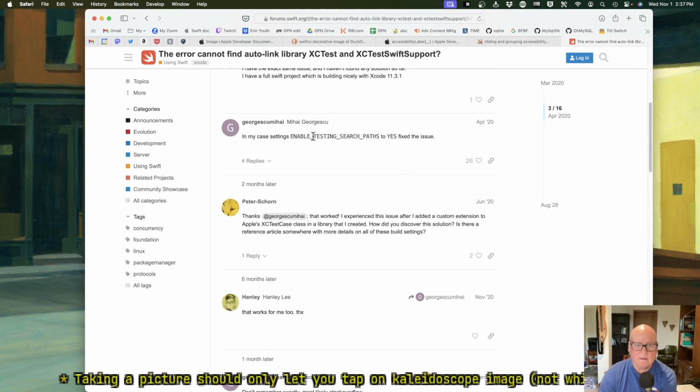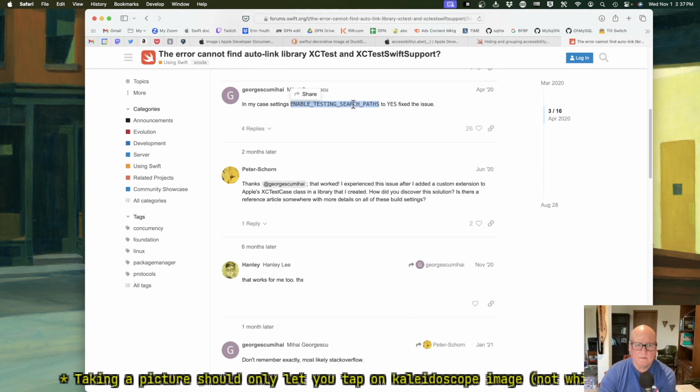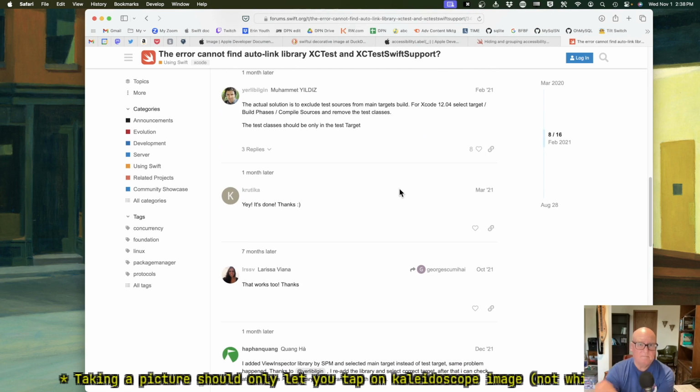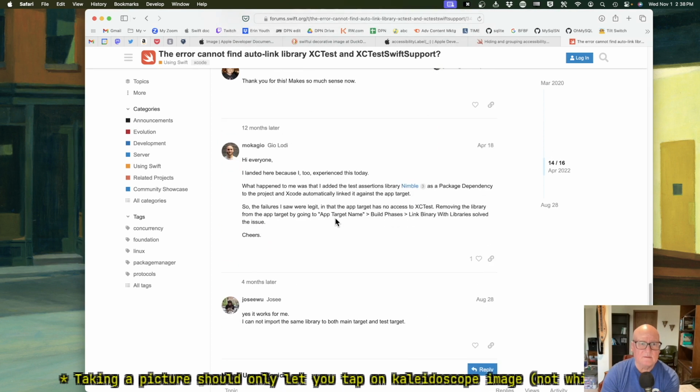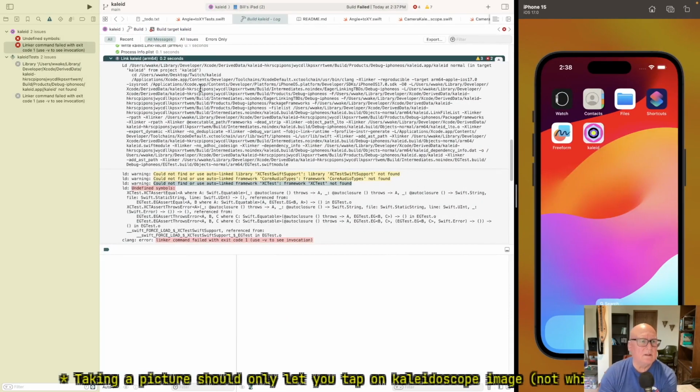Okay, lots of people seeing it. Enable testing search paths. Test classes should only be in the test target. Xcode 12. That seems off. Test assertion is limitable. Build phases link binary with libraries.